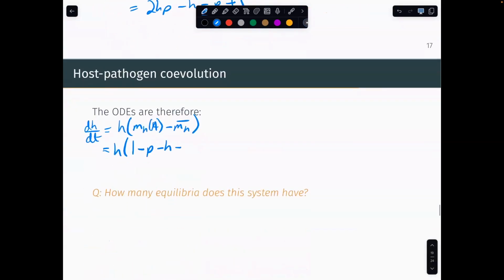Sorry, our M_H of A is 1 minus P, and then we're subtracting H plus P minus 2HP. So we end up with all in all 1 minus P minus H minus P plus 2HP, which just simplifies down to being H times (1 minus H) times (1 minus 2P).